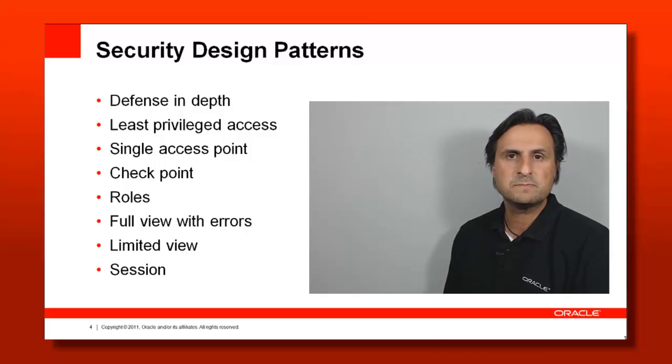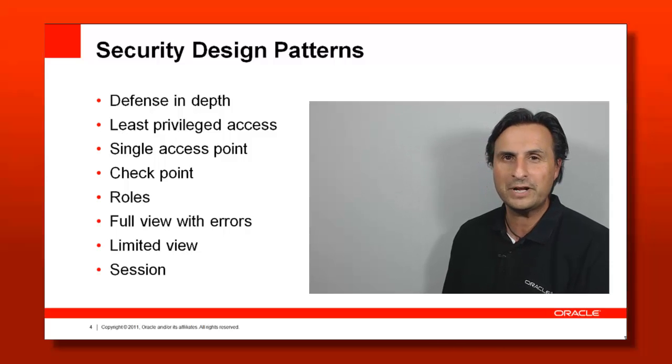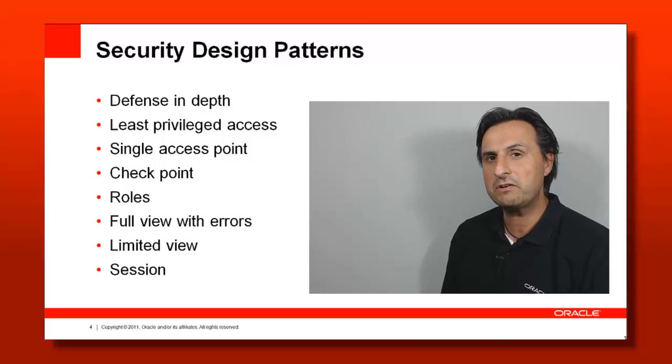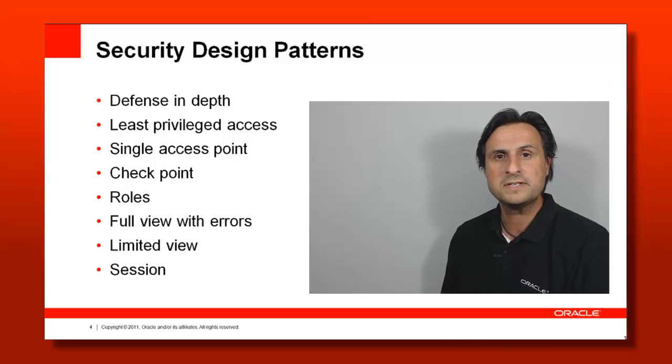So the next is least privileged access. Only because you're the corporate database administrator, it doesn't mean that the travel request application or the expense application that you run needs to run with your full power privileges. So go with the privileges you need to run this application.